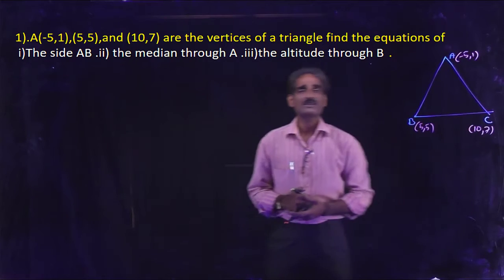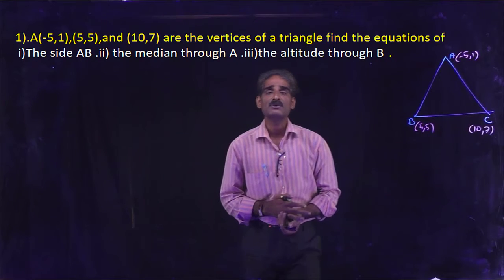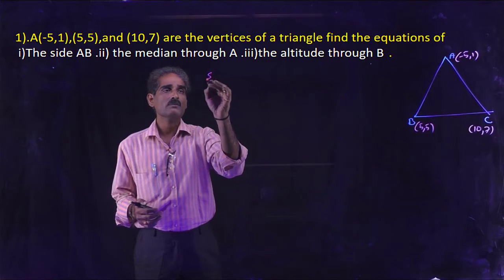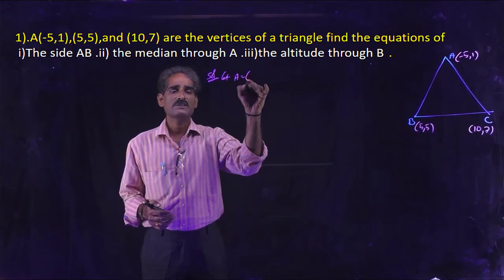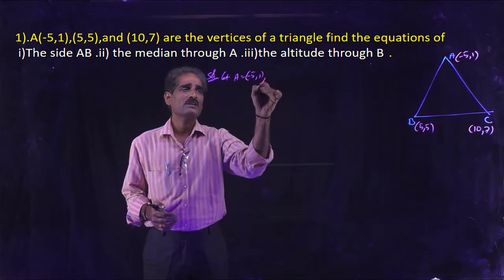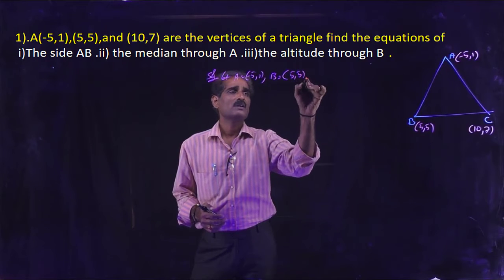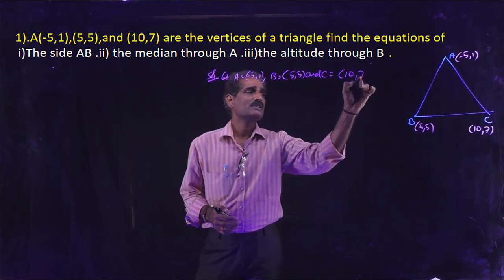These are the coordinates of the three points. So first observe: what are the given points? A is equal to (-5, 1), B is equal to (5, 5) and C is equal to (10, 7).